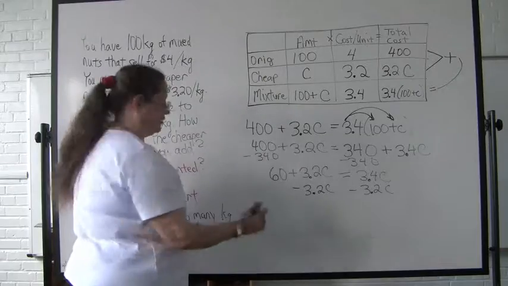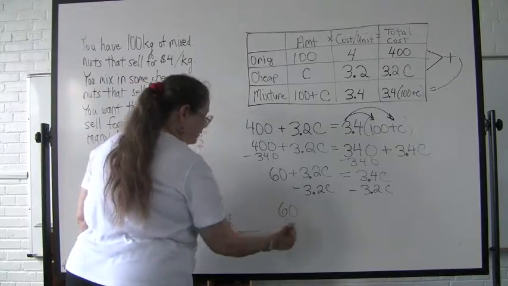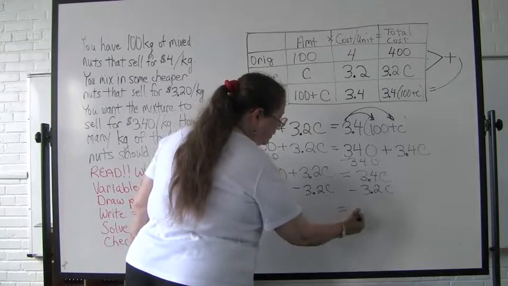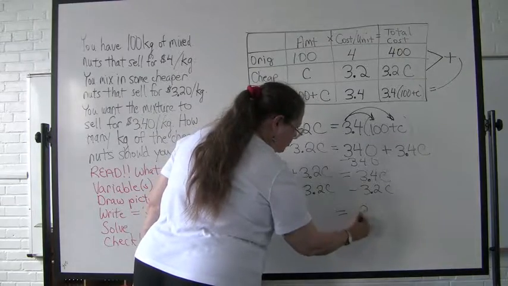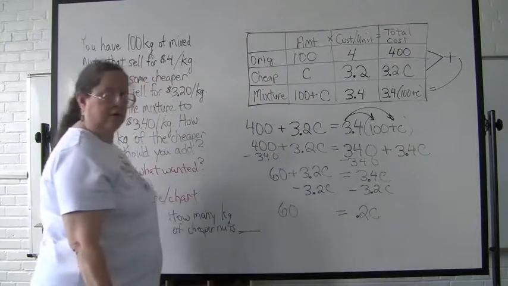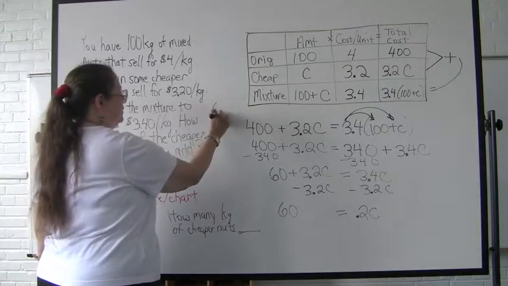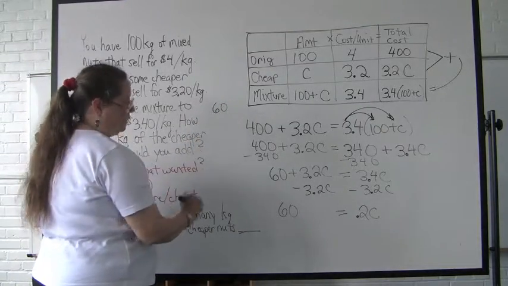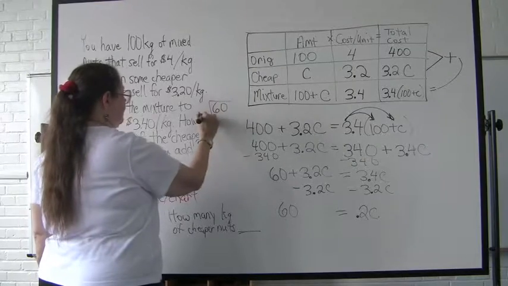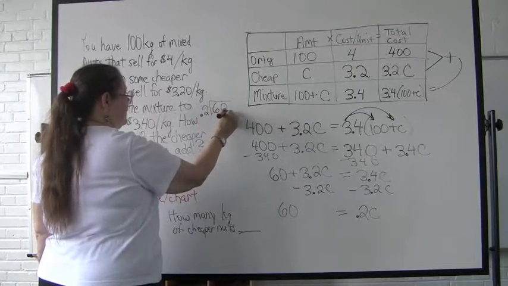And that leaves us with just 60 over here equals 0.2C. And so to find C, I have to take 60 and divide it by 0.2. Okay?